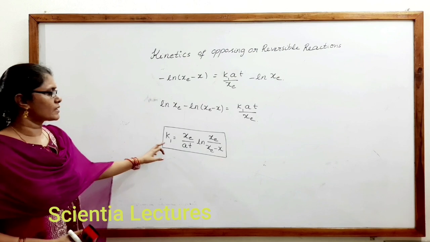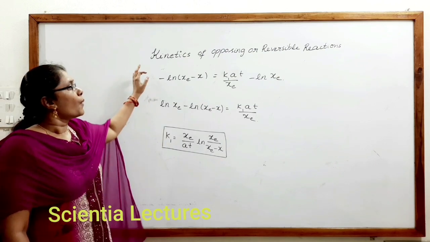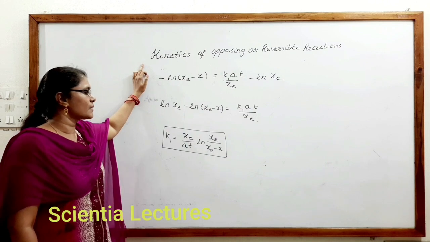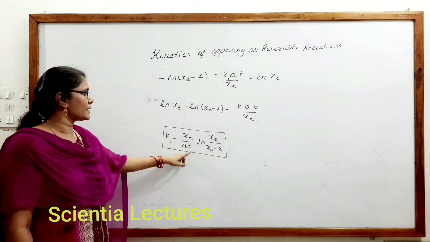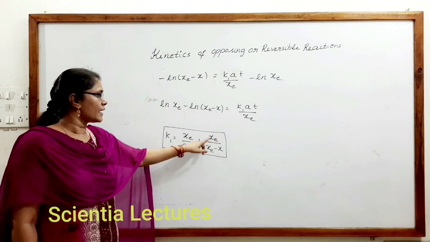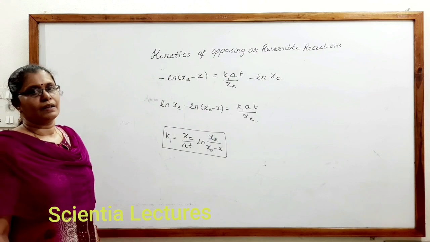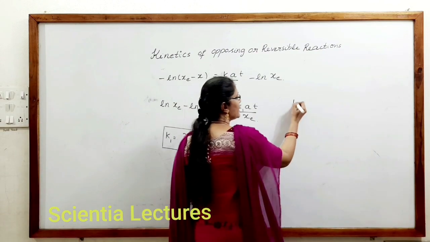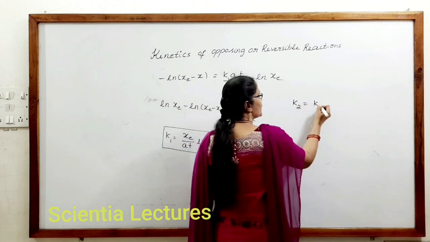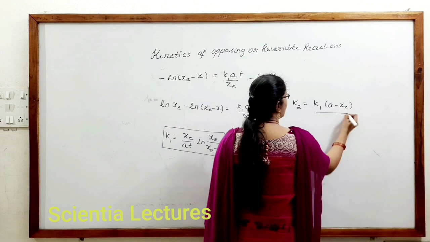This is the constant k1 of opposing or reversible reactions: k1 equals xe by at ln xe by xe minus x. Now, what is k2 equal to? What we have derived in terms of k1: k2 equals k1 into a minus xe by xe.